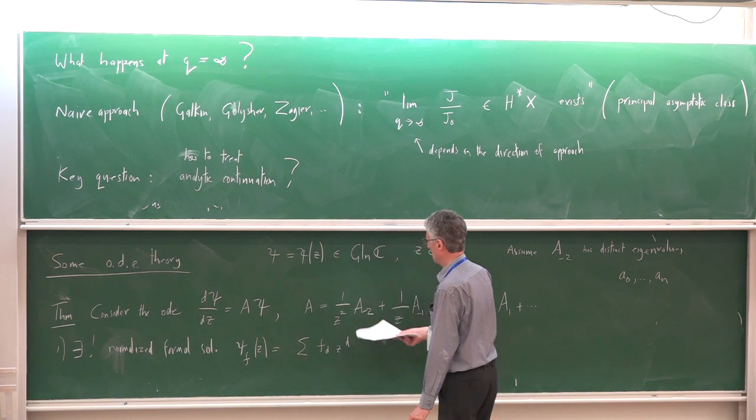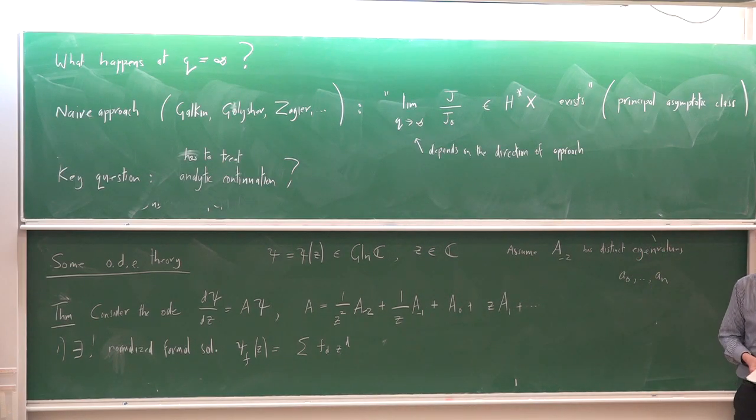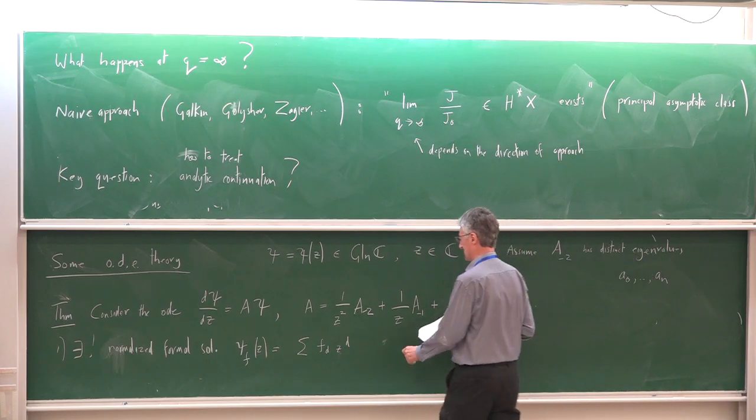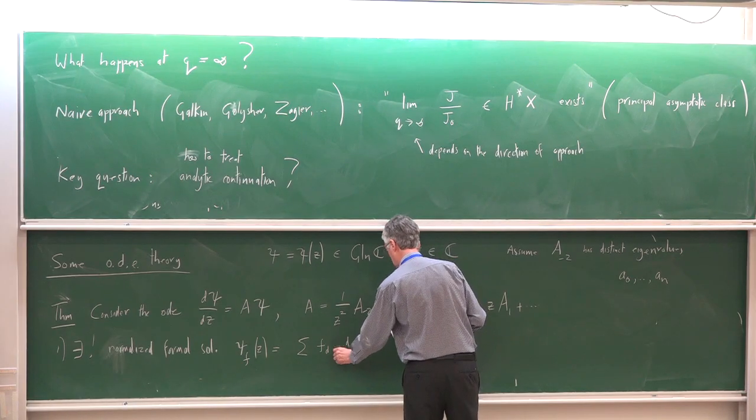Right, so now my notation changes from q to z, because I will try to use z when I'm talking about general properties of differential equations, not necessarily quantum, but later on z equals q will be a special case. So the singular point is at 0, a pole of order 2.